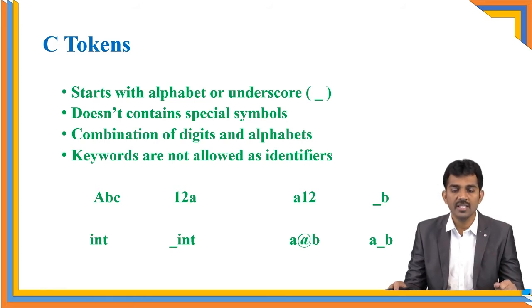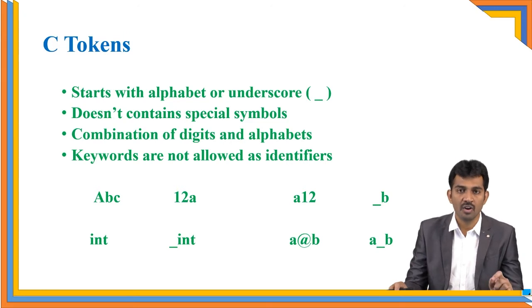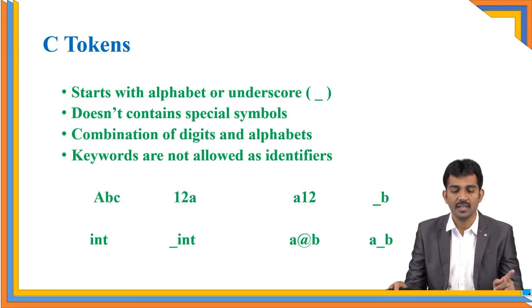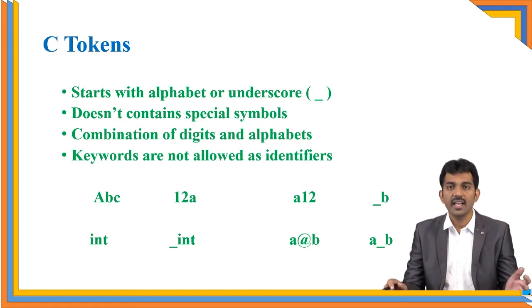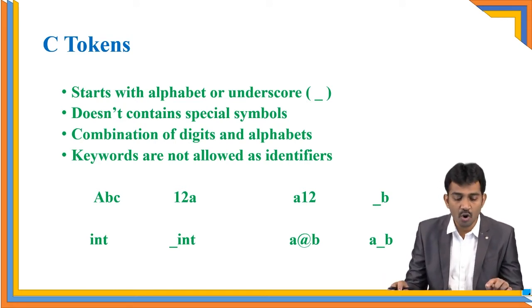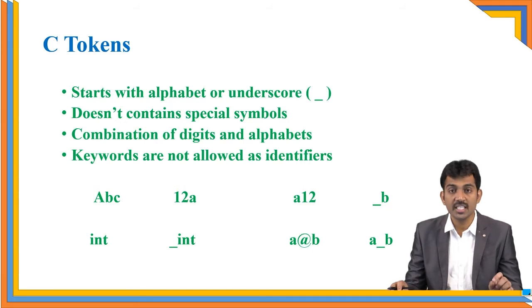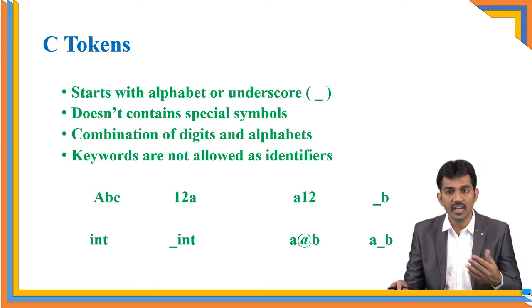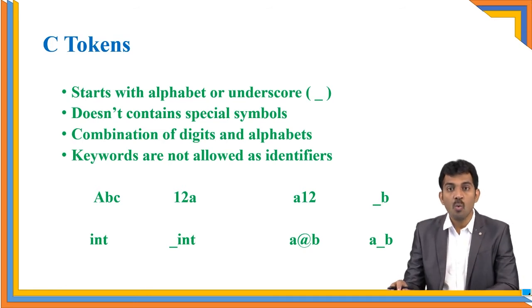It starts with A, which is an alphabet, so the first rule is valid. It does not contain any special symbols. It is a combination of only alphabets. Keywords are not allowed, and ABC is not a keyword. Yes, this is a valid identifier.